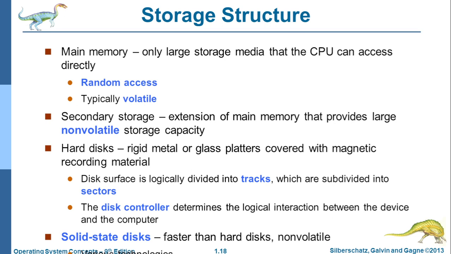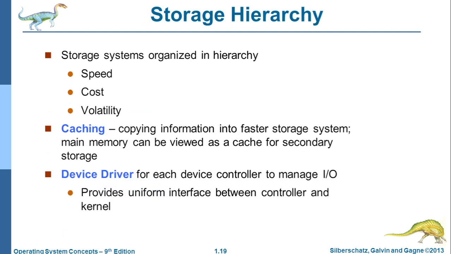Caching. What do we mean by caching? Caching means copying information from slower storage system to faster storage system. So if we try to load a process from secondary storage to main memory, it is called caching.